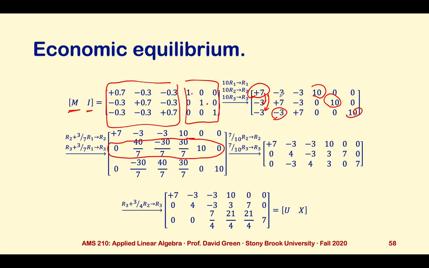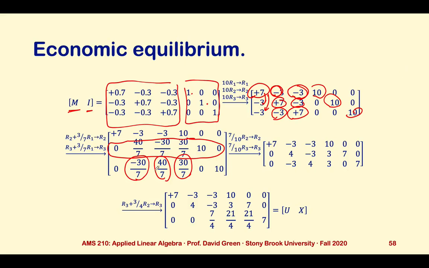This -3 and 3 is going to behave exactly the same way as this -3 and 3, so we get a -30/7 here. 7 and -3, same as 7 and -3 here, giving us a 40/7. And exactly the same 0 plus 30/7 for this piece. Okay. You can work through the arithmetic more carefully if you would like.